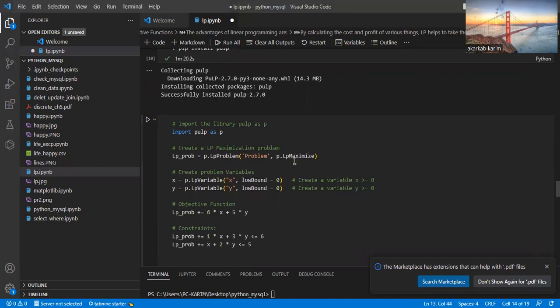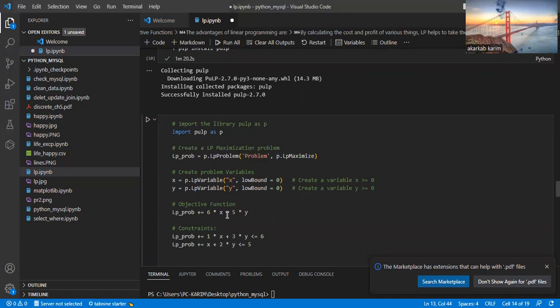We need to maximize our combination. We also create two variables. We have x. We create this variable with lower bound equal to 0. That means x should be greater than or equal to 0. The same thing with y. Y is a variable, lower bound is equal to 0. That means this variable is greater than or equal to 0.